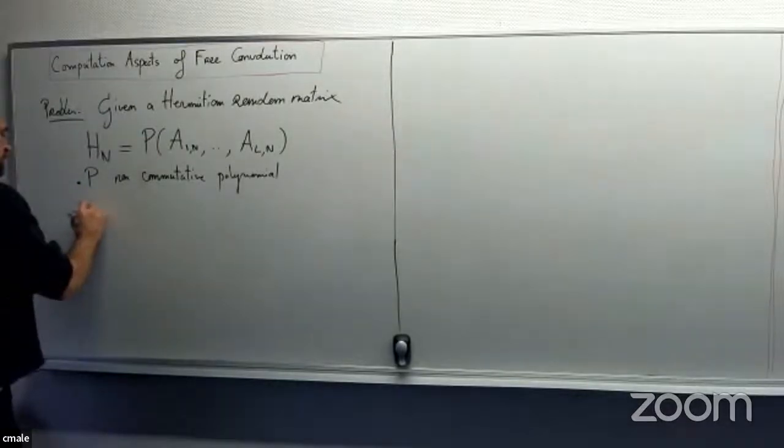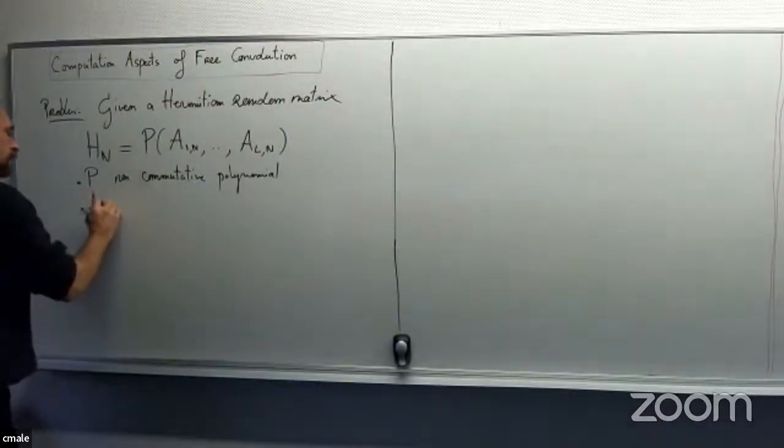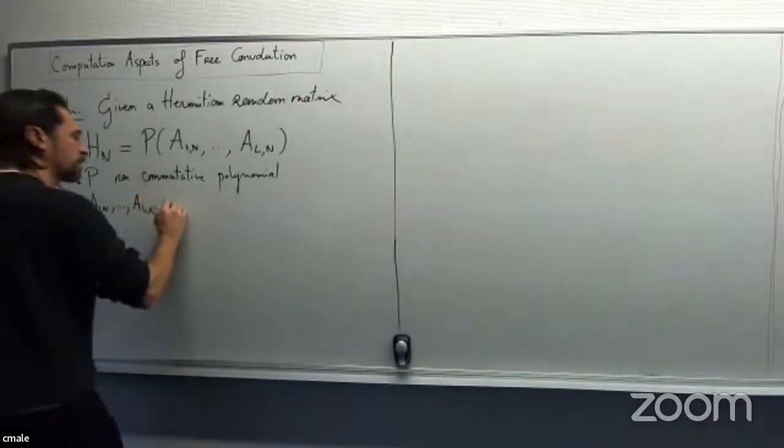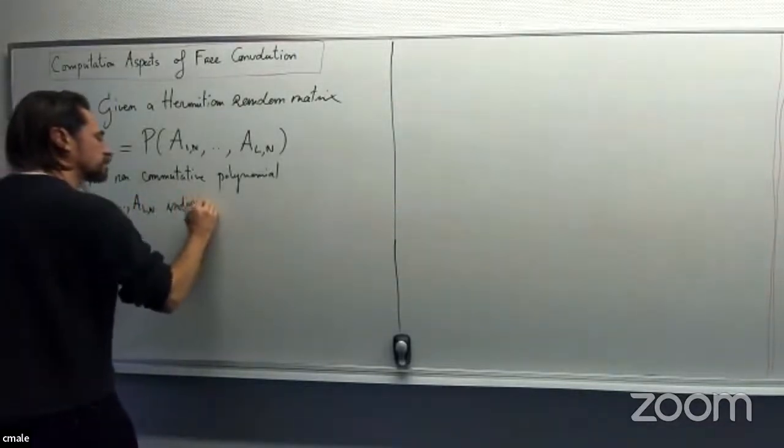And we assume that the matrices A1n, A2n, up to ALn are independent random matrices.